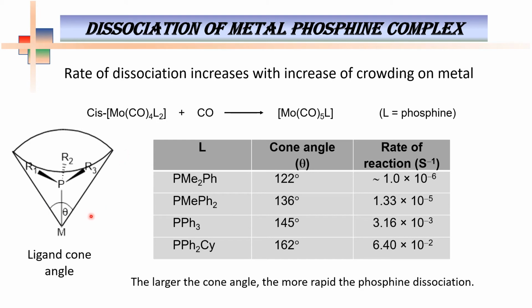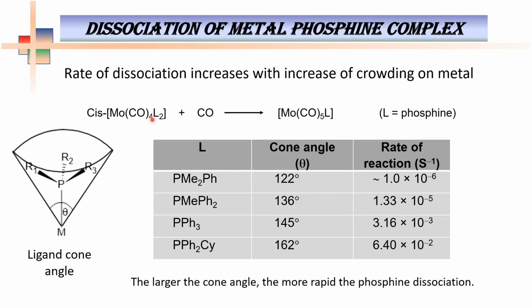So the larger the cone angle, the bulkier the substituent or ligand. So if I consider a substitution reaction like this, where the two phosphines are cis to each other, since they are cis, steric factors will obviously dominate.